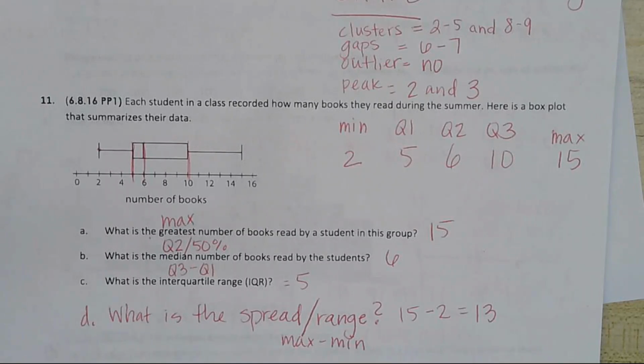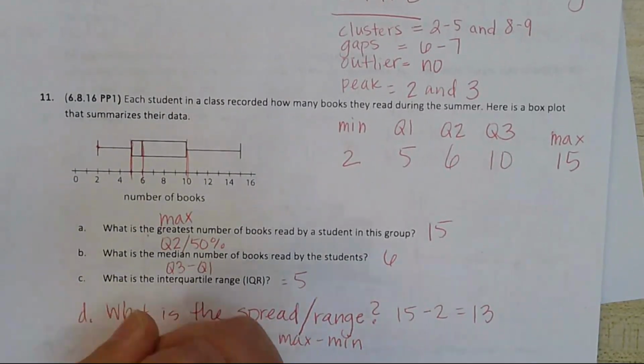If we look at this box and whisker, to determine if it's skewed or symmetrical, you look for the longest whisker, or if they're the same. This one has a longer whisker. Which side is the longer whisker? Right. So it's letter E. It's skewed right.